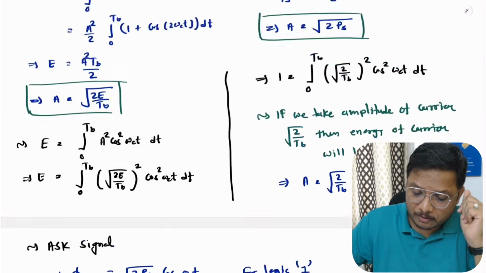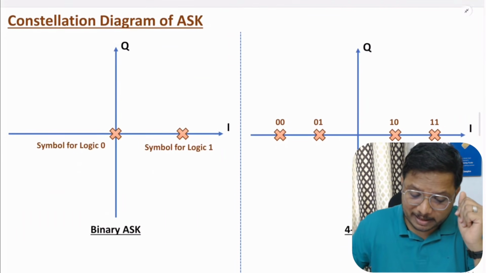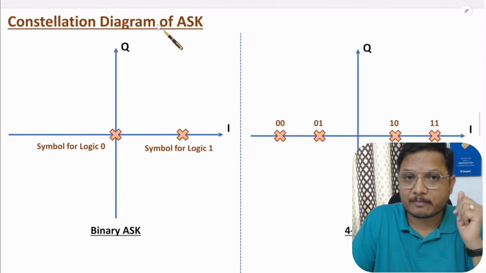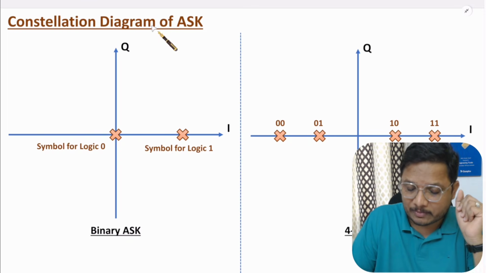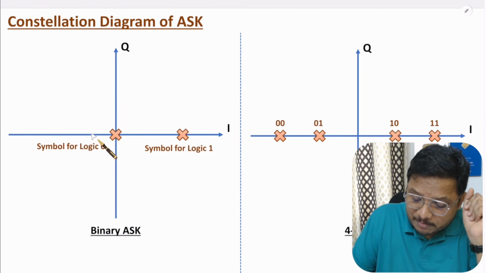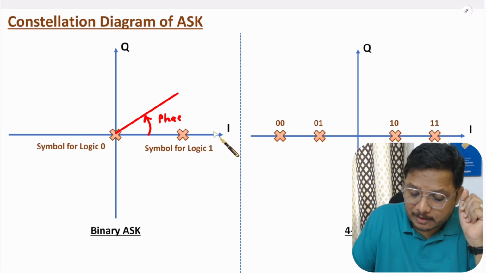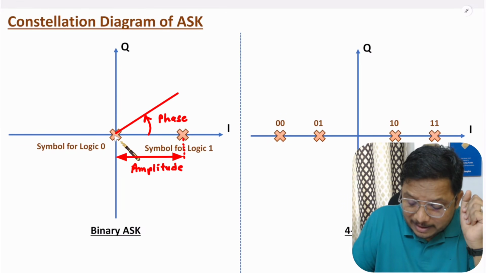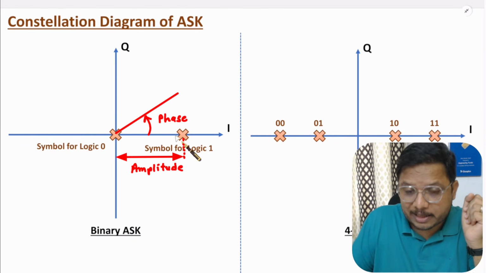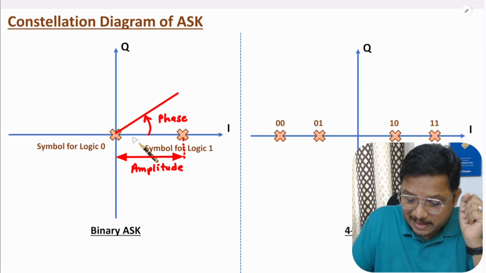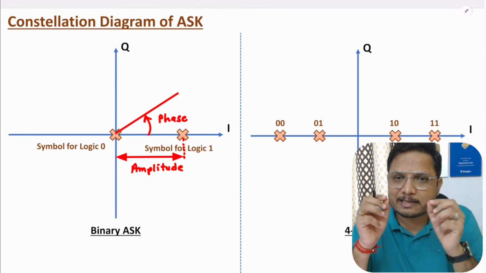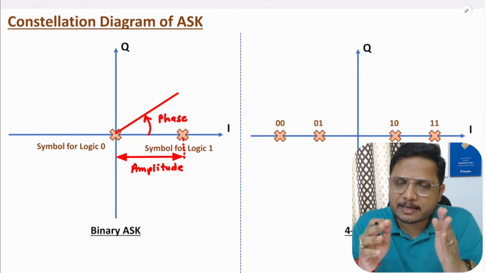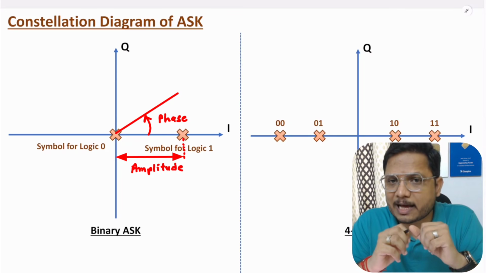In my last video, I have explained the constellation diagram, right? In the constellation diagram, with respect to the I-axis you can have phase, and with respect to the center one can have amplitude, right? This amplitude, that is the distance between two symbols, one can understand based on the signal space diagram.